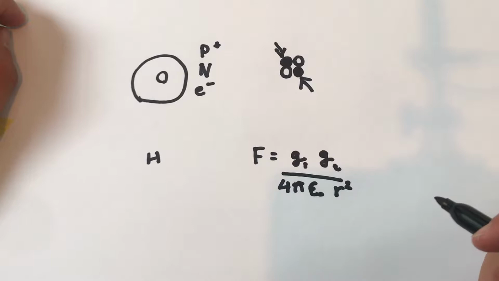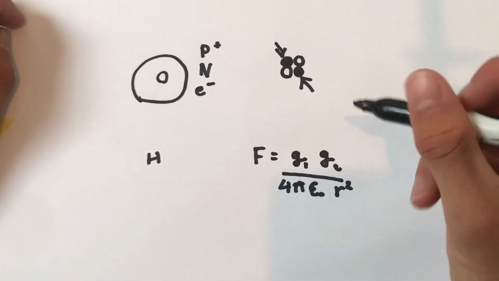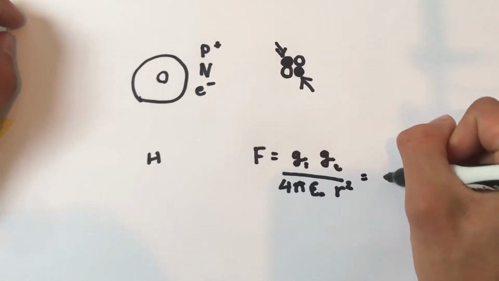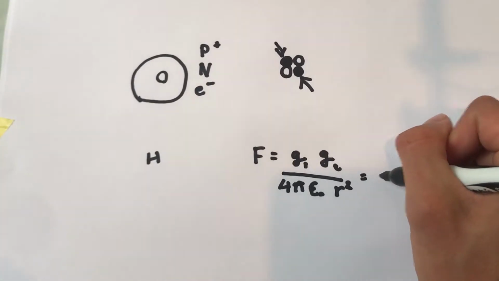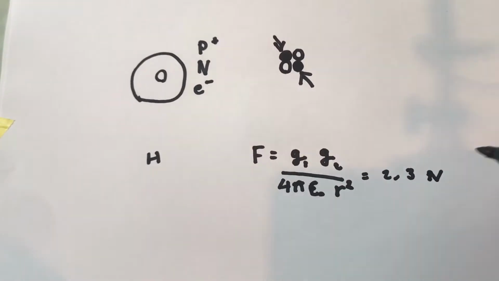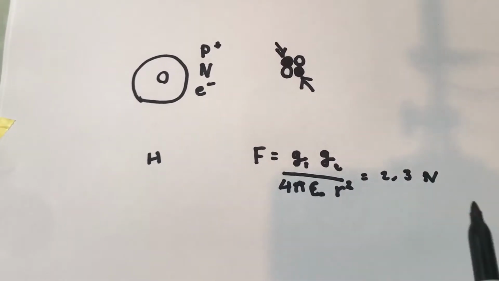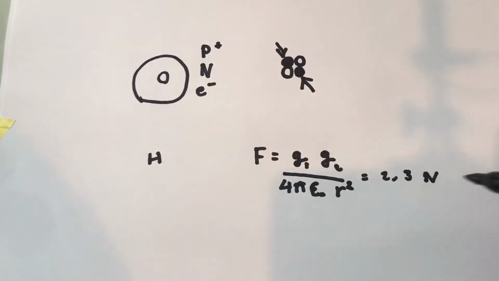If we put in the values for the proton, you get 2.3 newtons of force. So these protons would repel with 2.3 newtons of force. What holds them together?